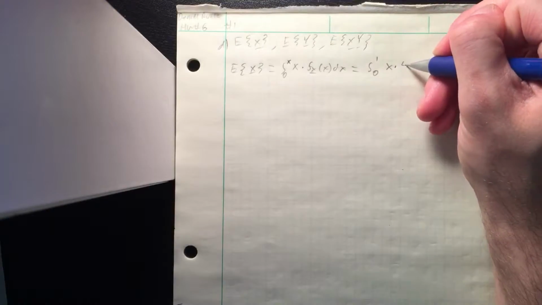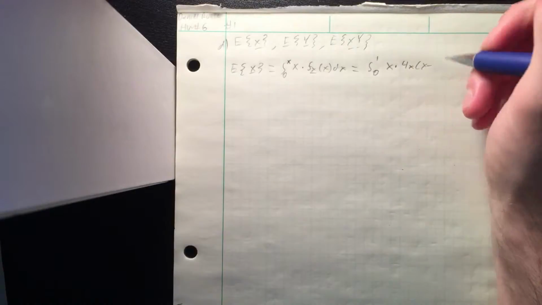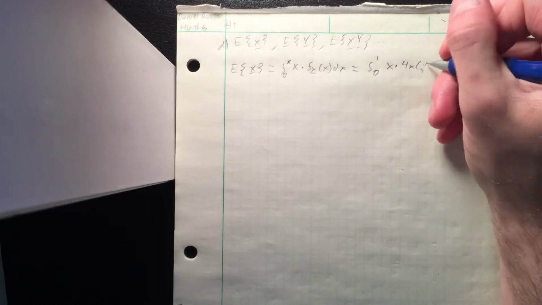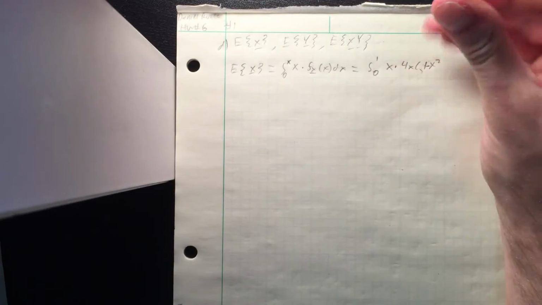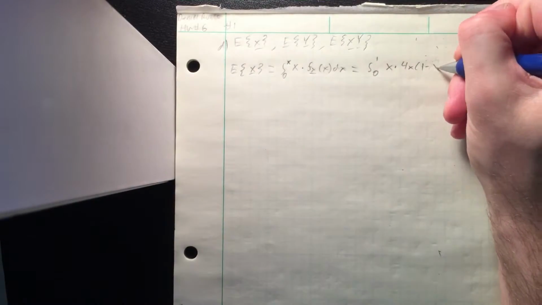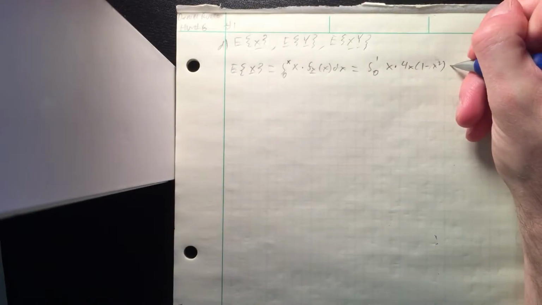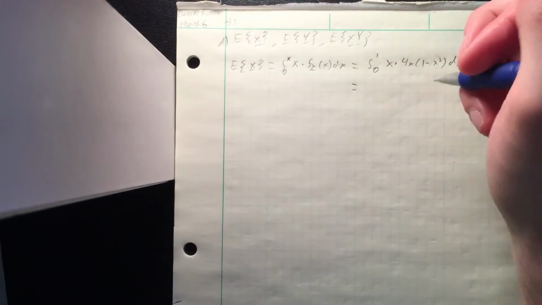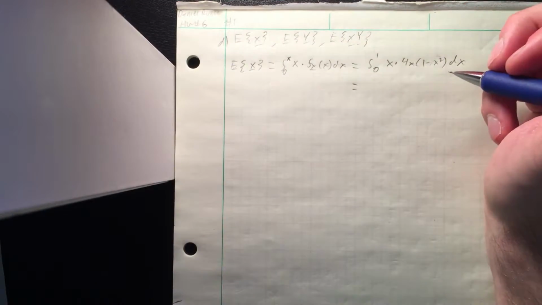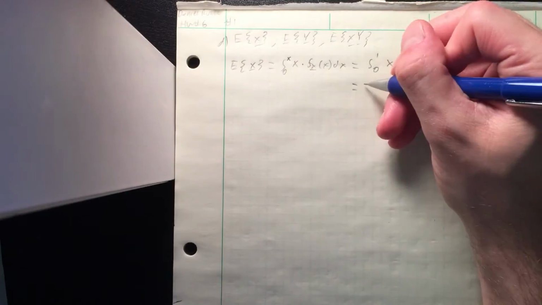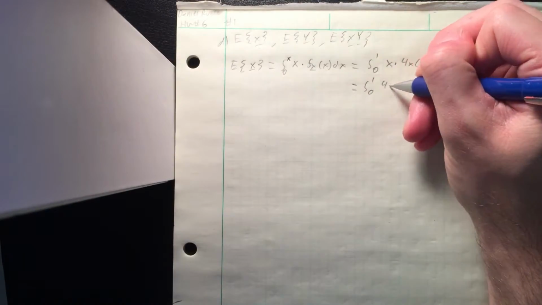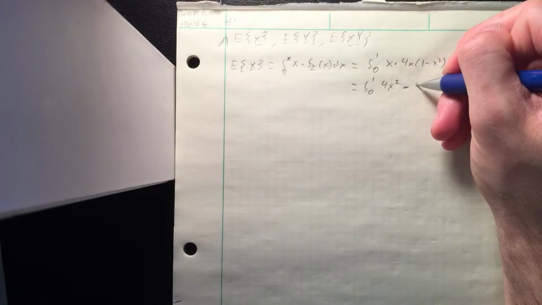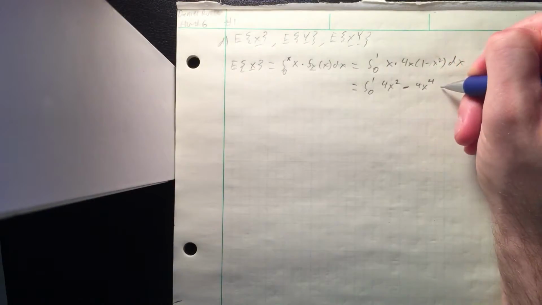X multiplied by 4x times (1 minus x squared) dx. And this will be equal to 4x squared minus 4x cubed dx.